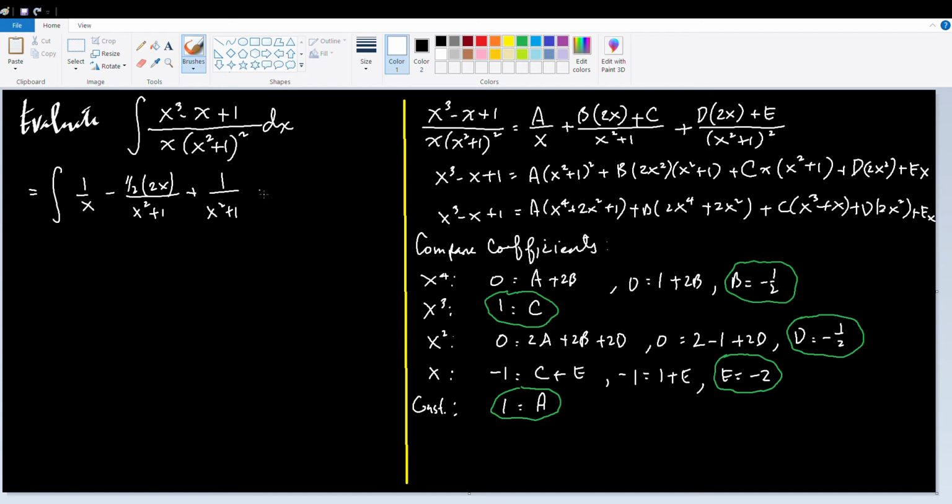D is negative 1/2 times 2x over x squared plus 1 squared. And then e is negative 2 all over x squared plus 1 squared. Everything dx.